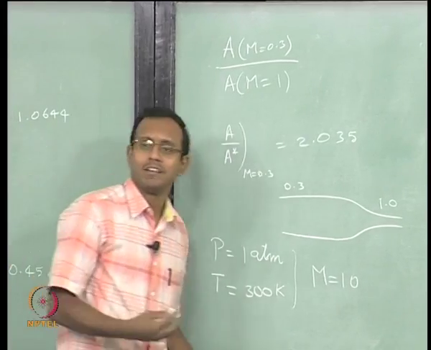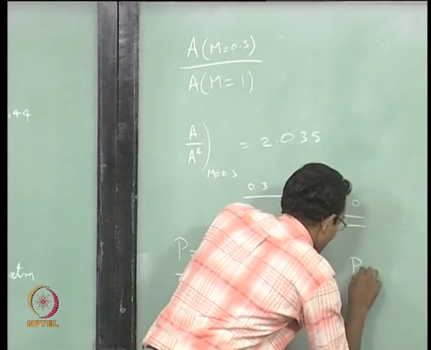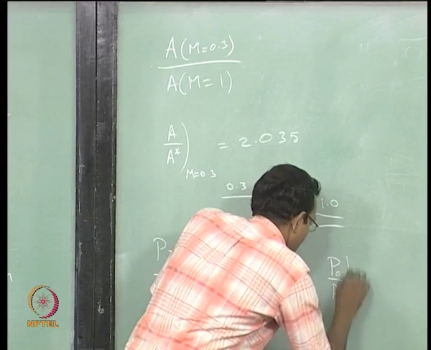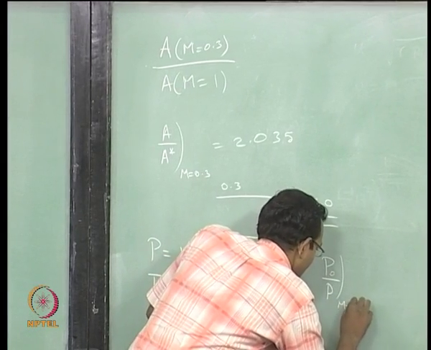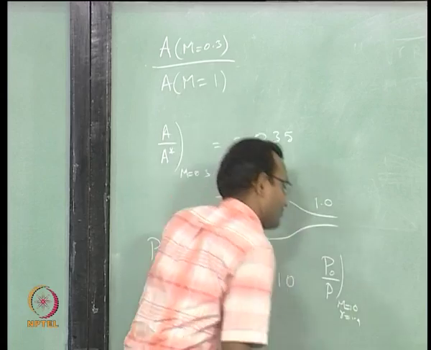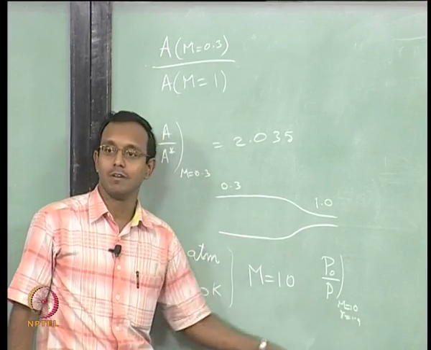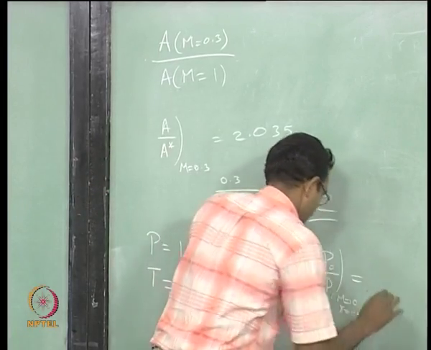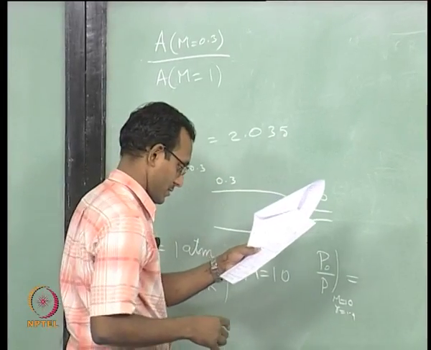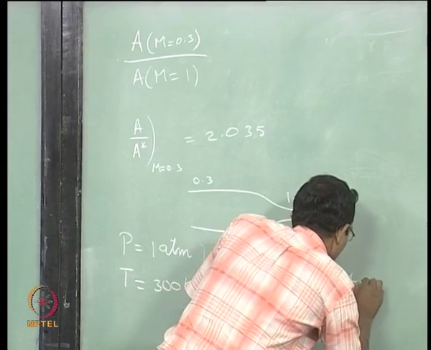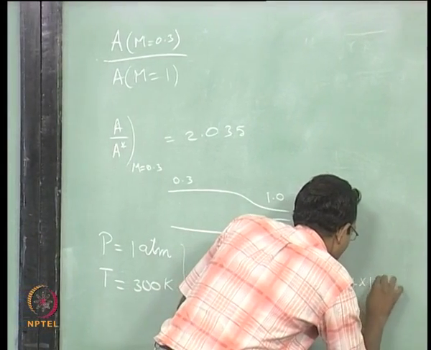Simple enough problem again. I just have to find P0 by P at Mach 10 and gamma equal to 1.4. That number happens to be 4.24 into 10 to the power 4.